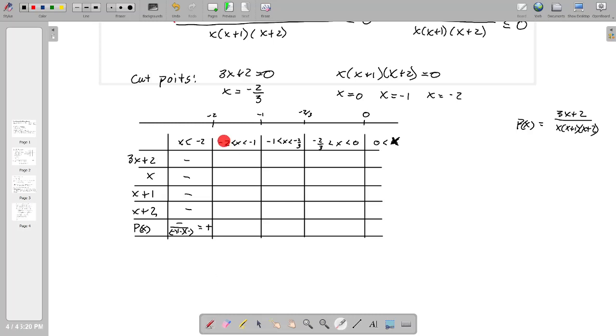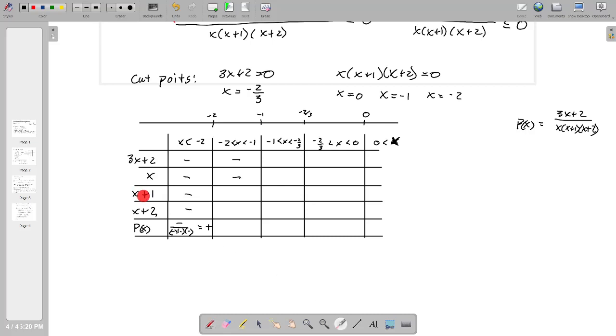Now between -2 and -1, we could use -3/2, say, something like that. -3/2 will make 3x plus 2 negative. If you plug it in, you'll have -9/2 plus 4/2, so we would have a negative value here. You can check it yourself. If we plug in a -3/2, x is negative.